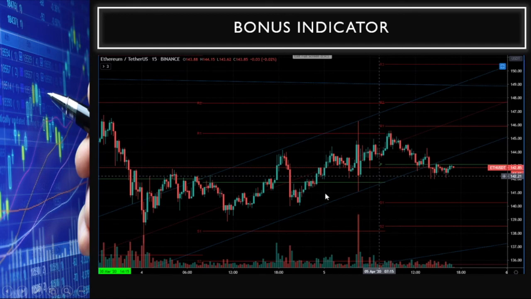Now, for this graph, napansin niyo that the price action actually respects the pivot points and serves as a horizontal support and resistance. Pansinin nyo, ayan, dito napako, nag-sideways dito sa pivot na to ang price action.